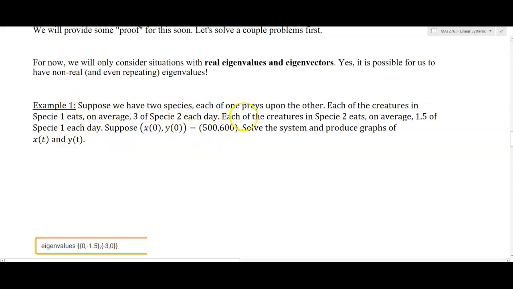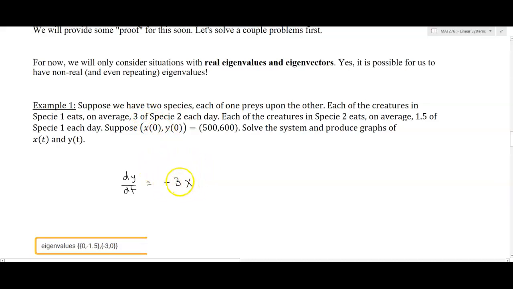We had two species, each of one preys upon the other. Each of the creatures in species 1 eats on average 3 of species 2 each day. So what that meant is species 2, I'll call that dy dt, is negatively affected by the size of the x population. And since there are x of species 1, and each one of those eats 3 of species 2, we wrote dy dt is negative 3 times x.